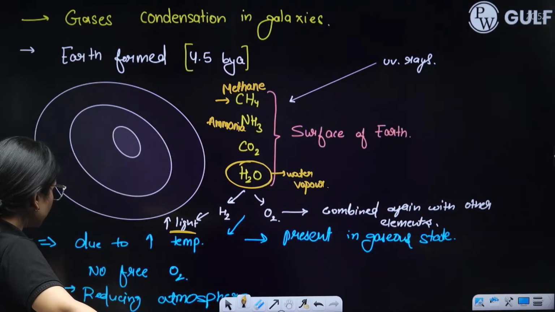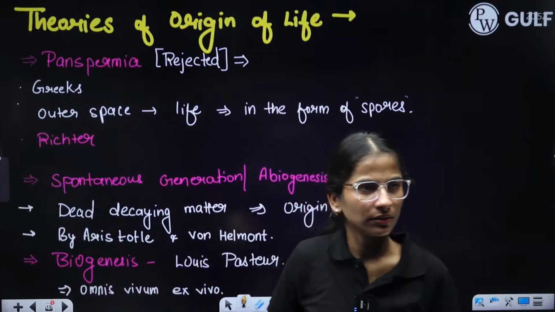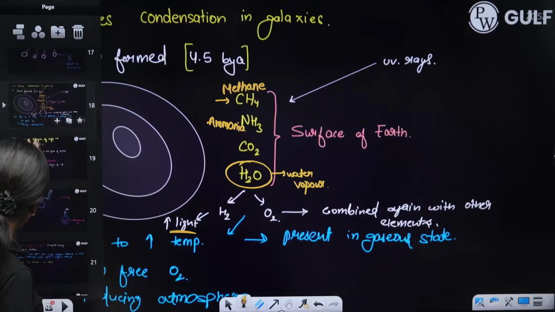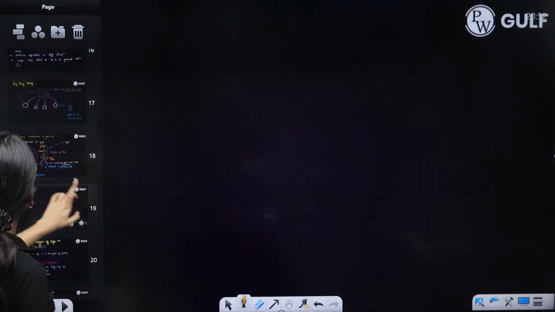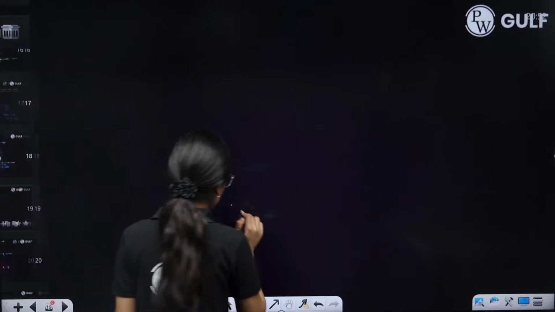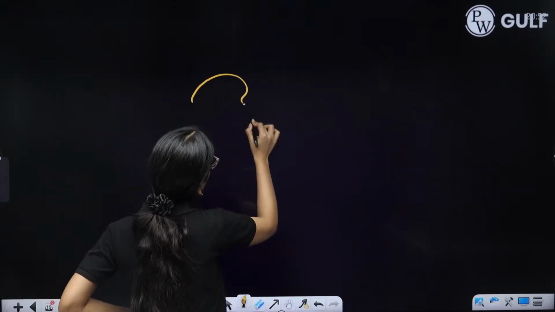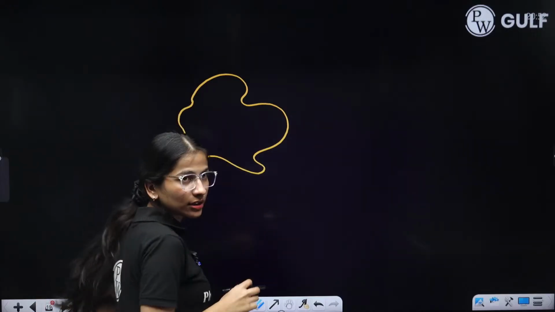Okay. Now, next up, what happened? I think I do not have a slide over here. Wait, I will explain. No worries. So when Earth formed, obviously it had huge bumps. Okay, Earth is not smooth.